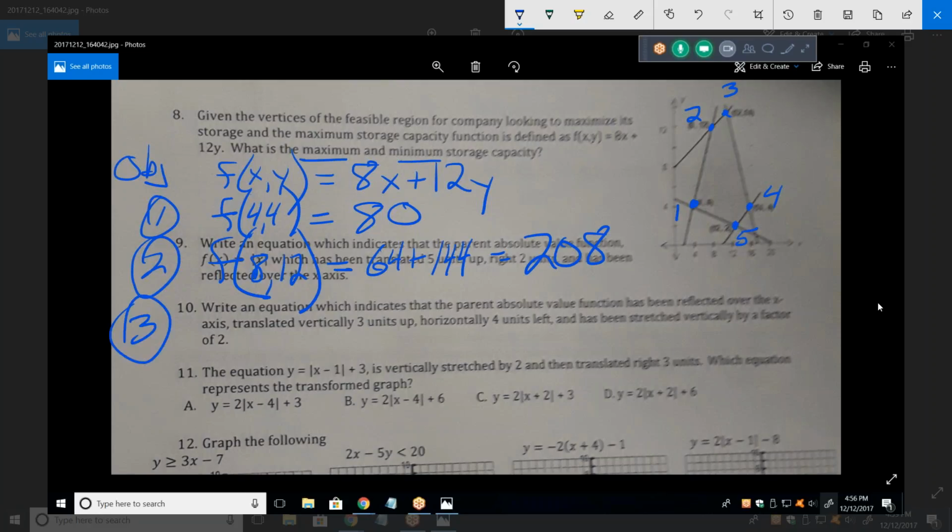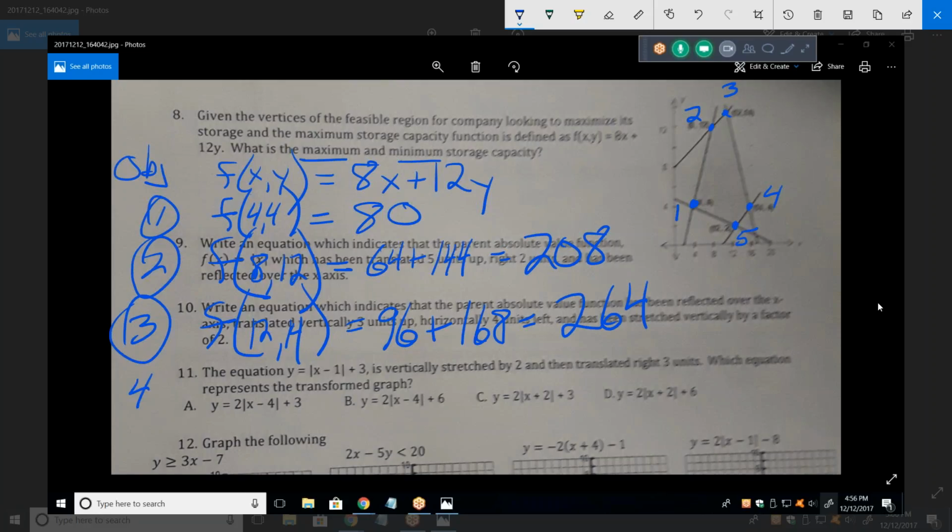What's point 3? 12, 14. Is that what those two numbers are? Yes. Okay, if I plug in 8 times 12, I get 96, plus 14 times 12, 14 times 12 equals 168. Add those together, and I get 264.